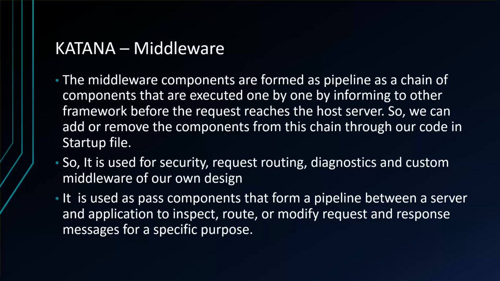We can design our own middleware as well. So we can set up the priority of the components and configure the line of components between server and application to inspect and check the routing, as well as modify the request and response messages for a specific purpose.